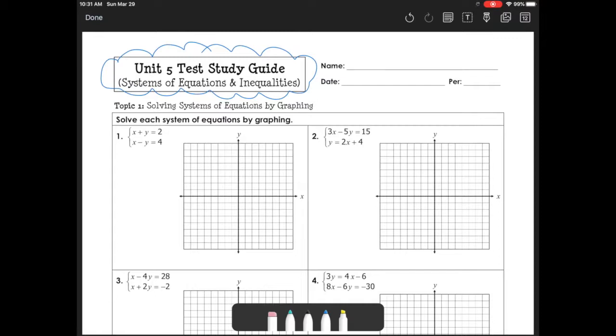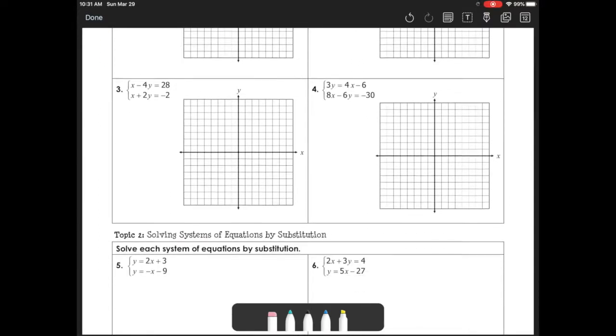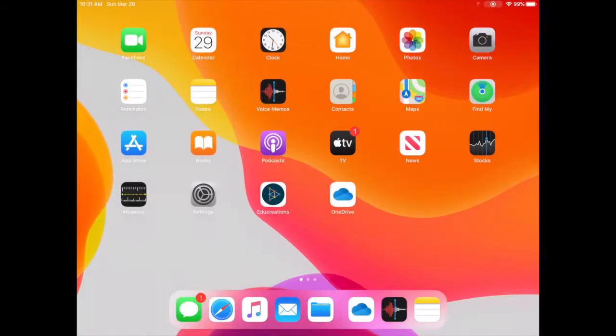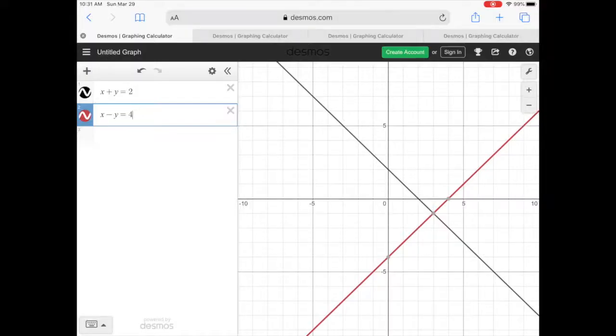So the first section on this page was 4 problems to solve by graphing. Let's take a look over at Desmos and see what we've got. I went ahead and put in all 4 of these systems. The first one, you see I have 2 what look like perpendicular lines, and the intersection point is 3, negative 1. So the solution there is 3, negative 1.